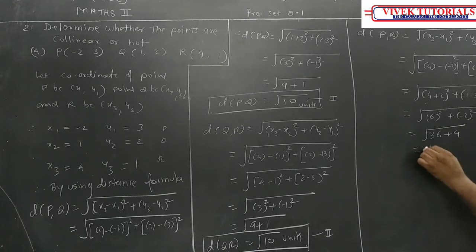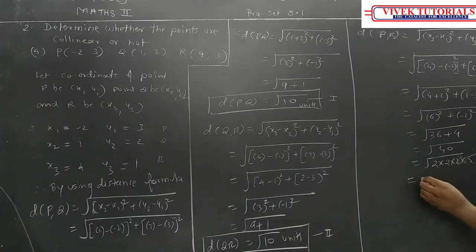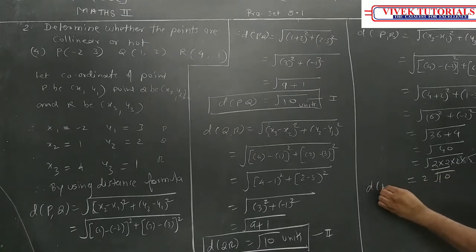It is nothing but 40. 40 means 2 into 10, or 2 into 5. So we can take it as 2 root 10. This is distance PR. This is equation number 3.